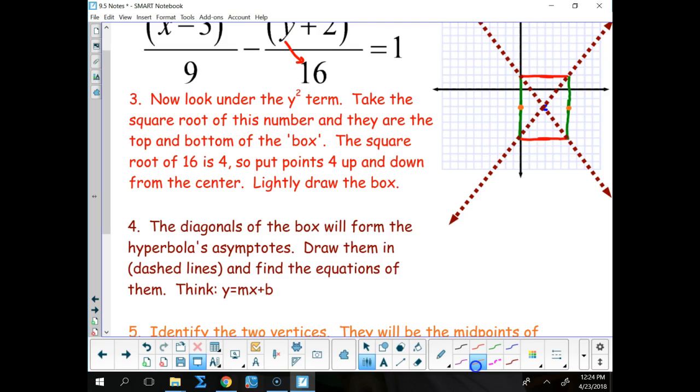So that is 0, -2 and 6, -2. Oops, lost it in there. We'll just put them down here then.